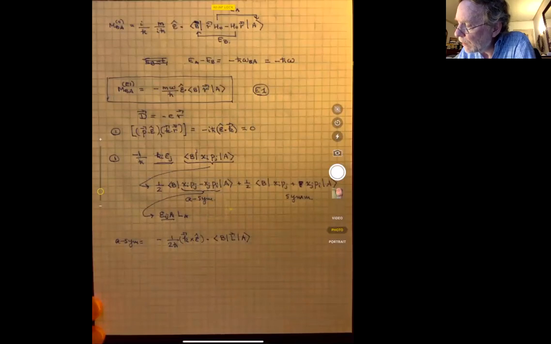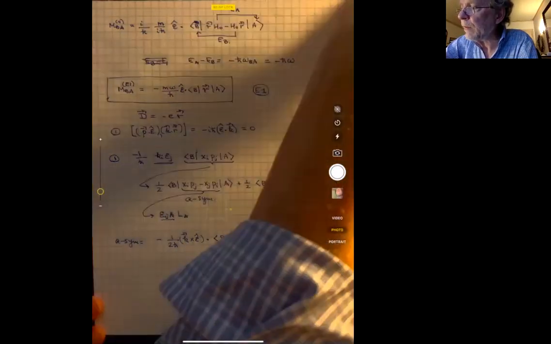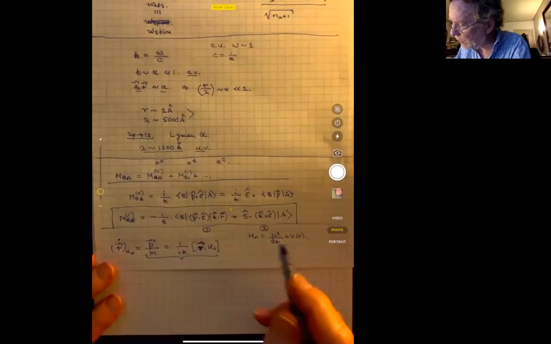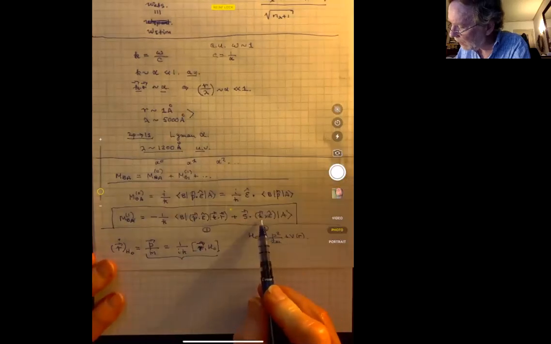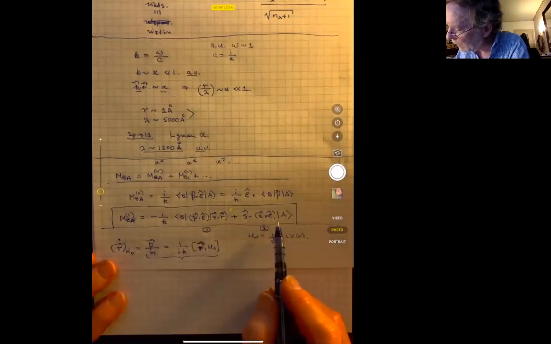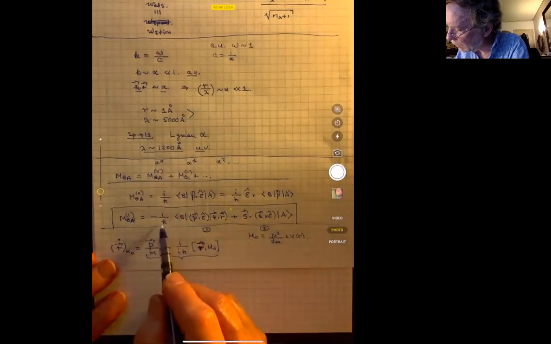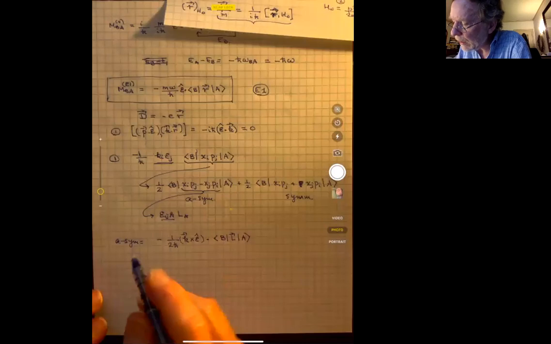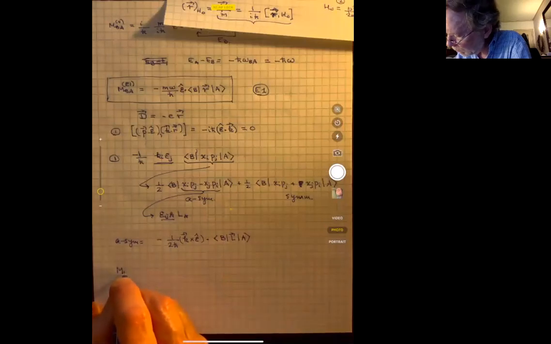Now, if you compare that to the spin part of the matrix element, that's k dot epsilon dotted into the matrix element of the spin between B and A, although there's no factor of 2. And so if we combine those two together, we get what we call the magnetic dipole contribution.